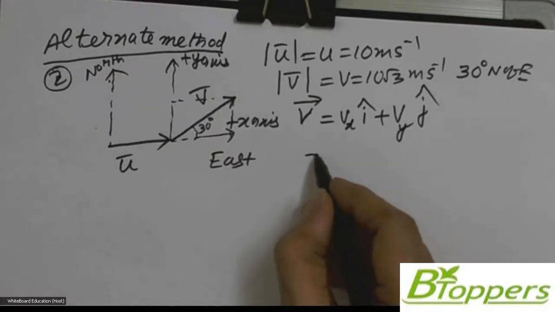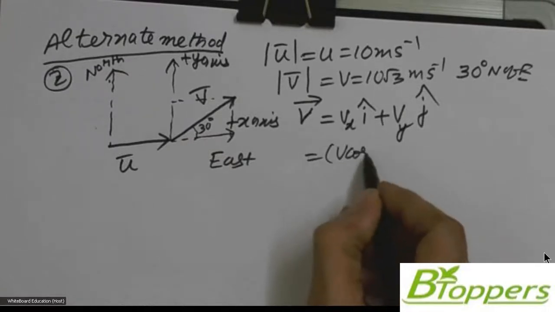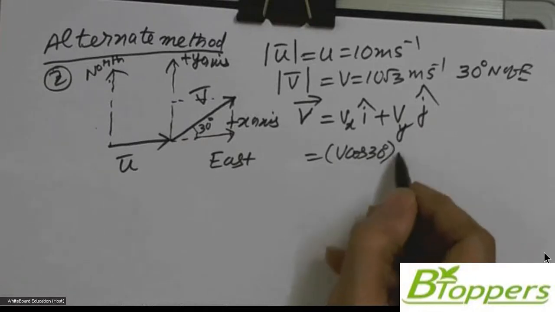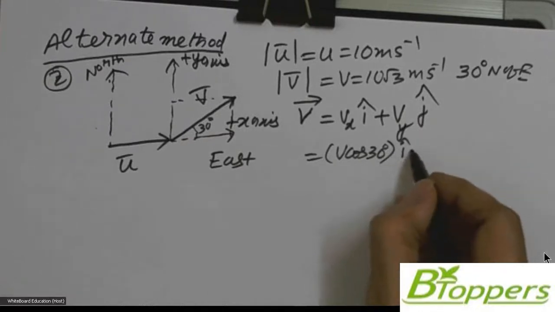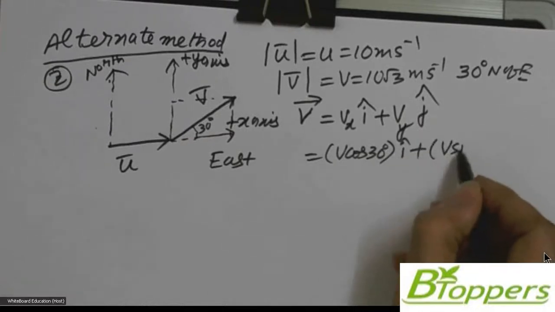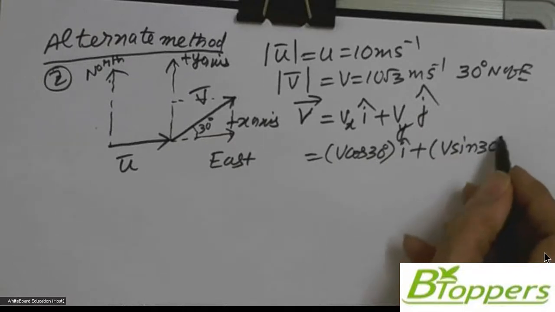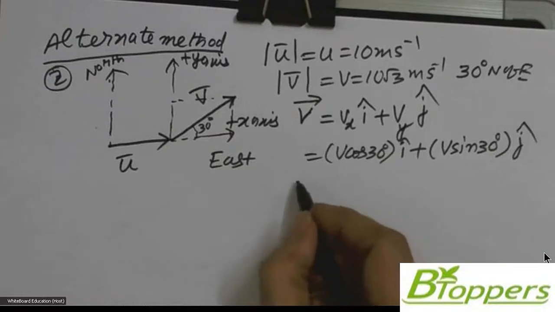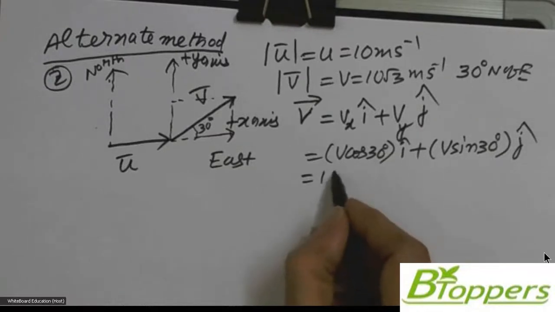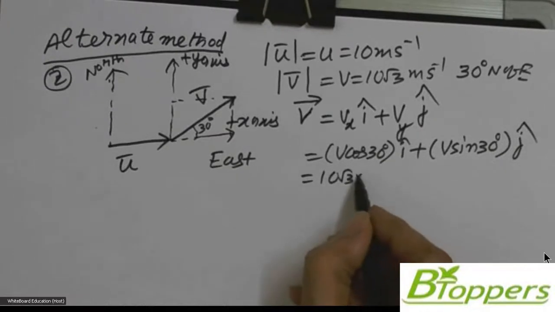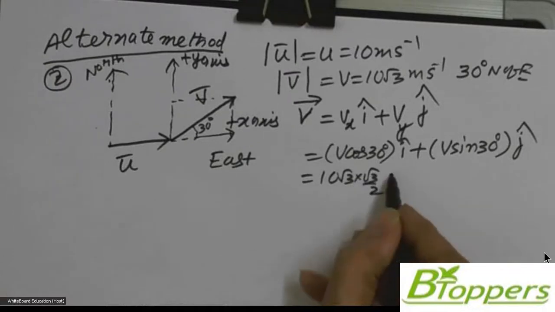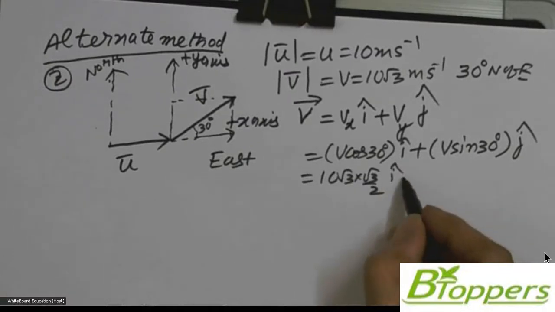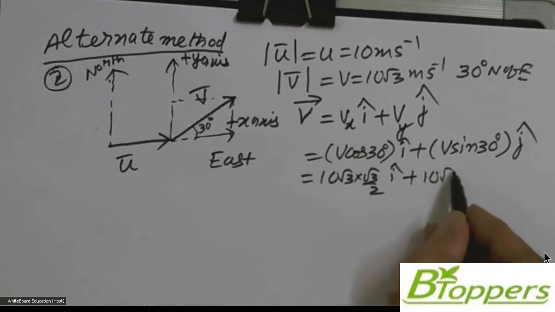Here vx can be written as v cos 30 degrees and vy can be written as v sin 30 degrees, and v is given to be 10 root 3 meter per second. Cos 30 degrees is equal to root 3 by 2. Again you can write v equal 10 root 3 meter per second.